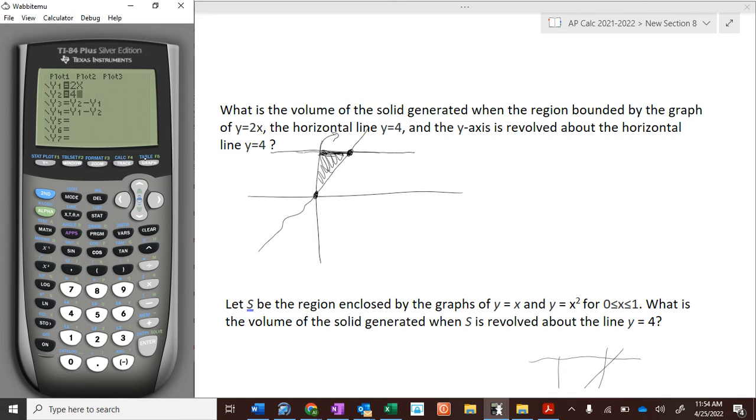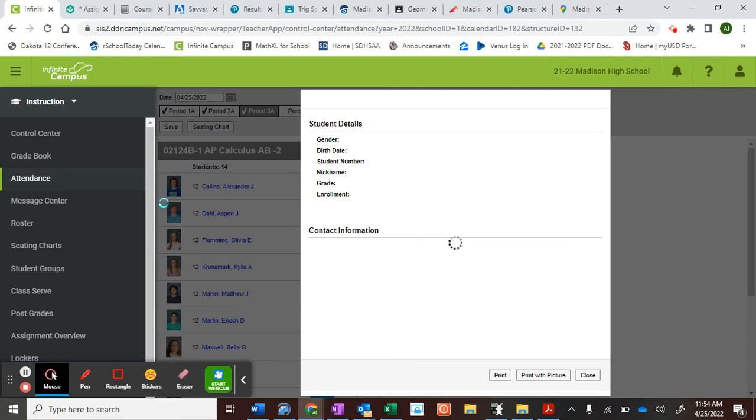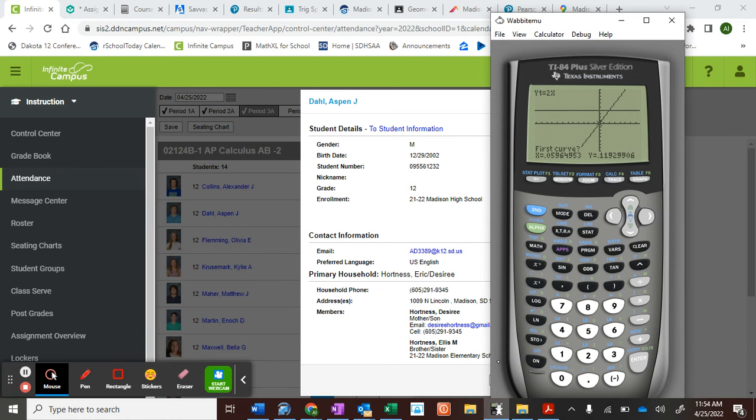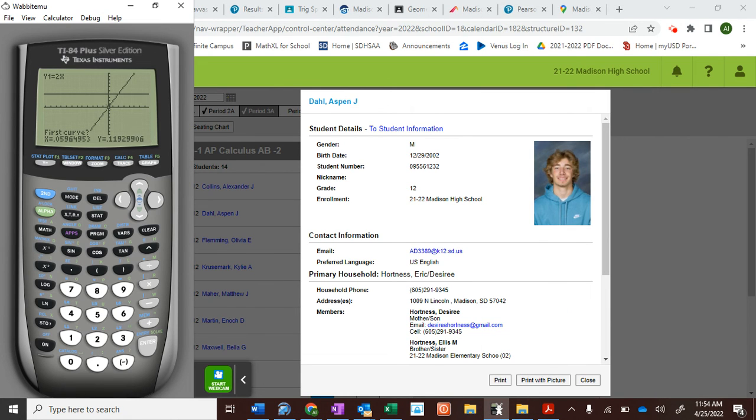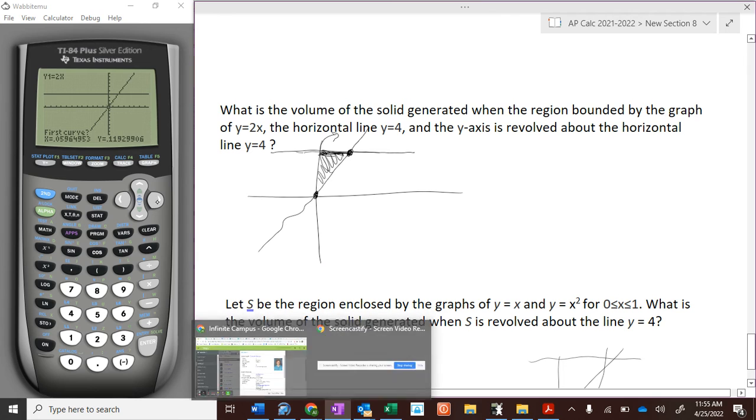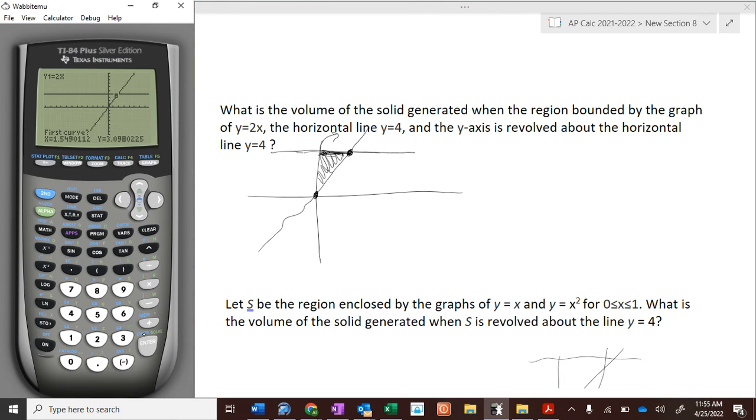If we graph them, we get that. Second trace, intersect. So this happens at the point 2, 4.